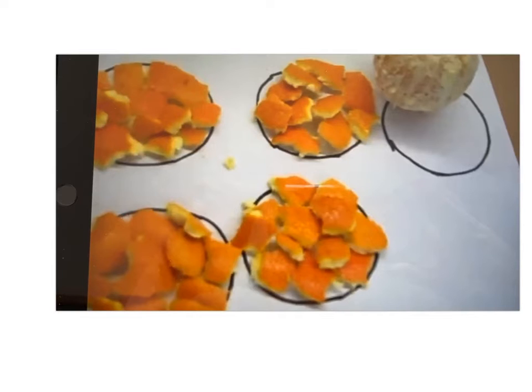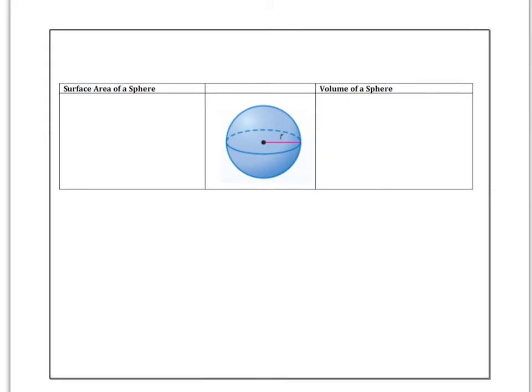If it takes 4 circles to cover the sphere, can you come up with the formula for surface area of the sphere? So some of you might be thinking, well, surface area is going to be 4 pi r squared, because the area of a circle is pi r squared, and it will take 4 of those circles to cover the entire outside surface of the sphere.